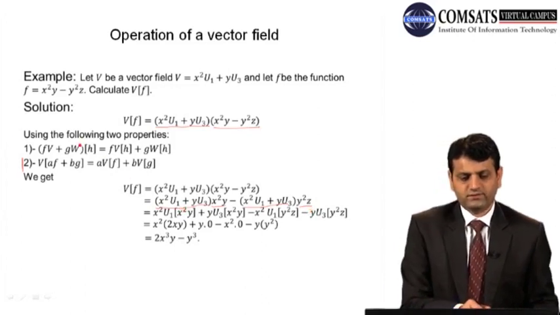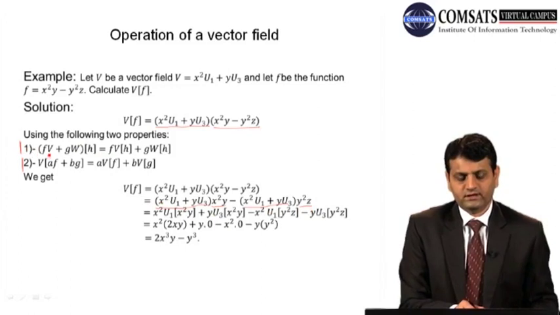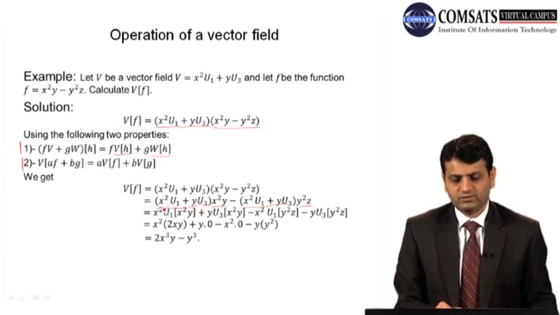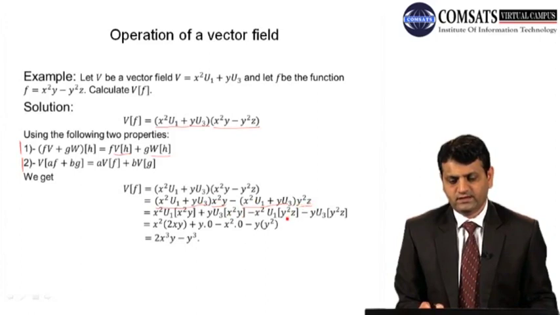And once again, using the first property that we proved, applying a sum of vector fields on h is the same as the operation of vector field V on h multiplied by f plus the operation of vector field W on h multiplied by g. So we can write this as x squared u1 of x squared y plus y u3 of x squared y minus x squared u1 of y squared z minus y u3 of y squared z.